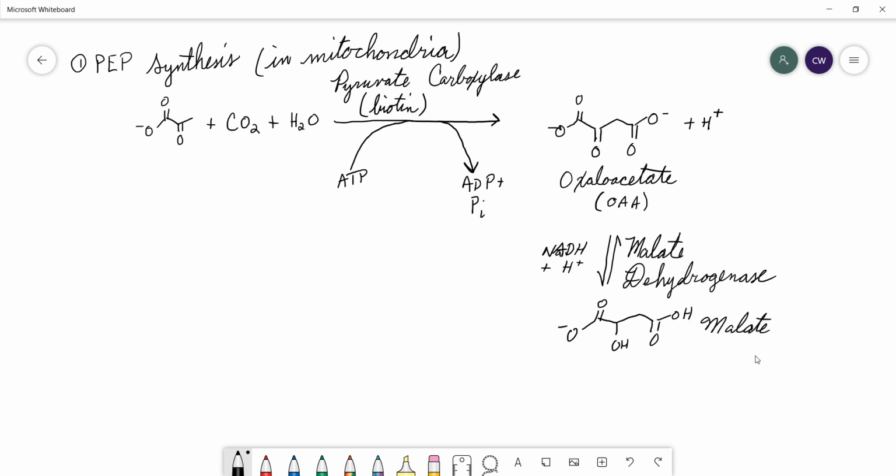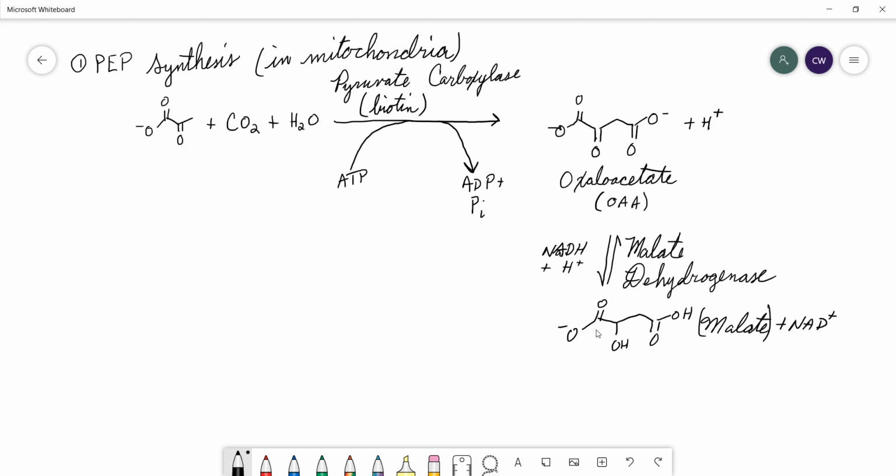All right. So in organisms that cannot process the oxaloacetate further in their mitochondria, or in cells where that mitochondria is not capable of doing so, we convert it to malate. We convert it to malate, consuming one NADH and a free acid to produce NAD plus and this malate.